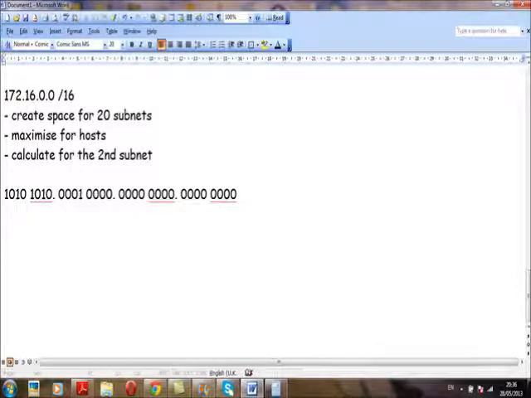Okay, our subnet mask for now is just 16 ones, and then a bunch of zeros.